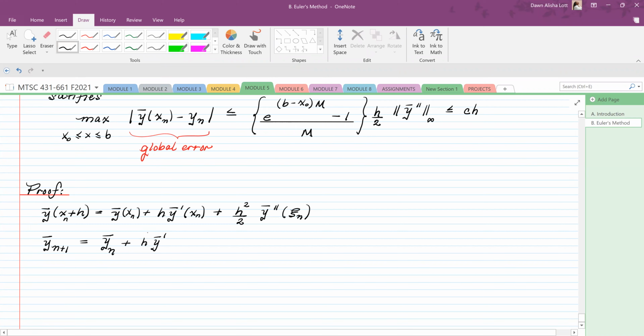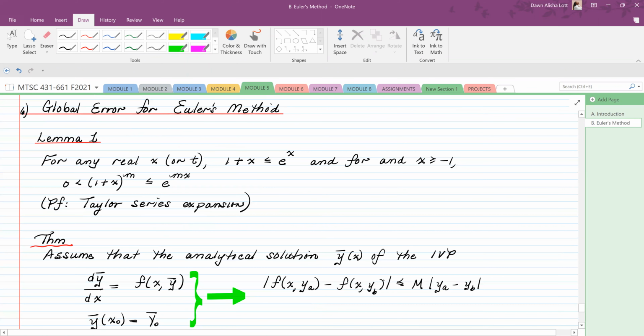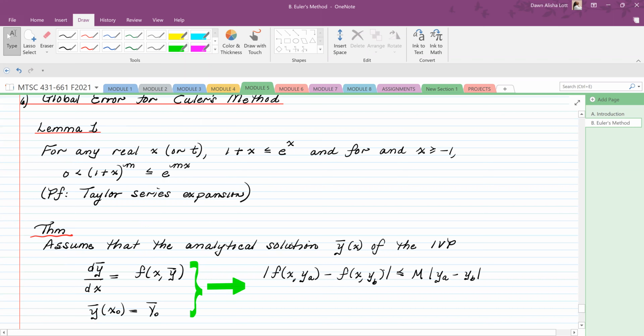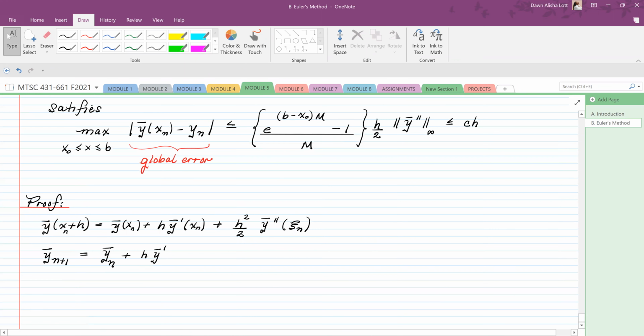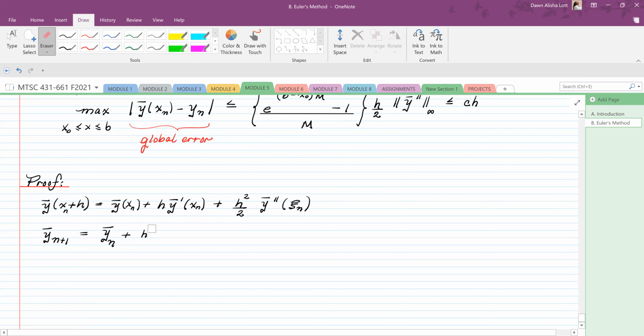And we know that Y bar prime from our differential equation is just F. So instead of putting in Y bar prime here, I can put in F at Xn, Y bar n, and then plus H squared over 2 Y bar double prime at Cn. Okay, so this is exactly what we have for Euler's method.